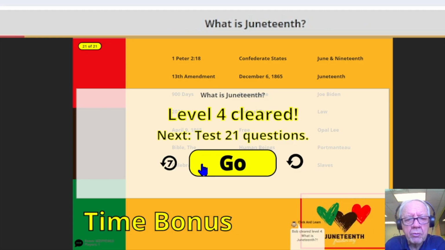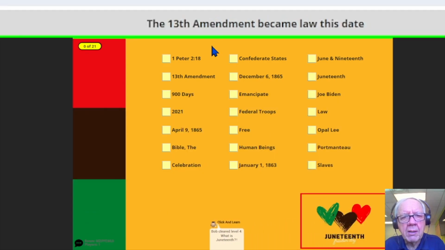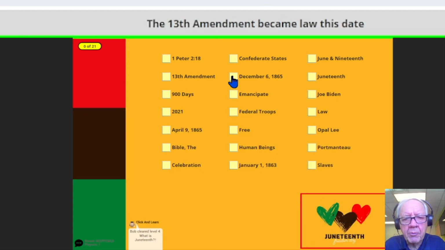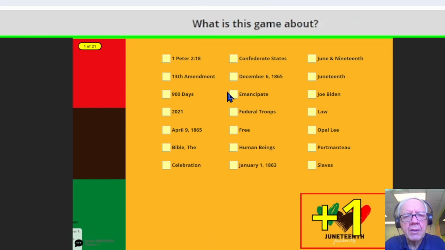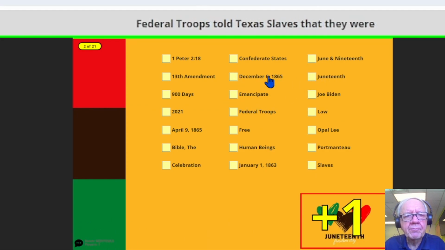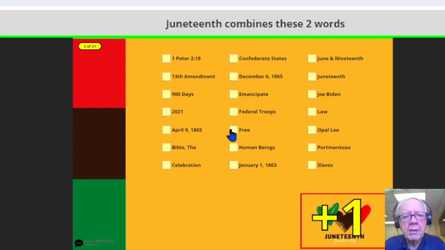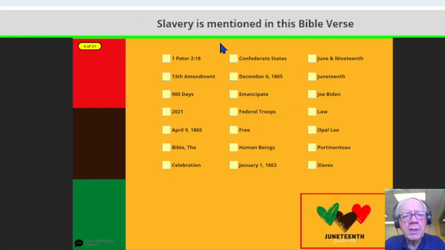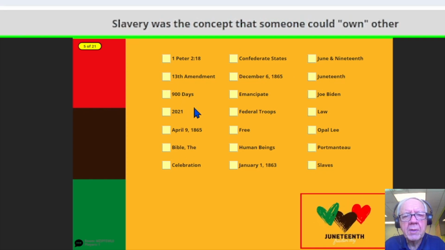Now we're going into test mode. Became law this date, December 6th, 1865. Juneteenth, they were free, and this is test mode, so we're not racing the clock. They were free. Juneteenth, it combines June and 19th. Mentioned in this Bible verse, 1 Peter 2:18.